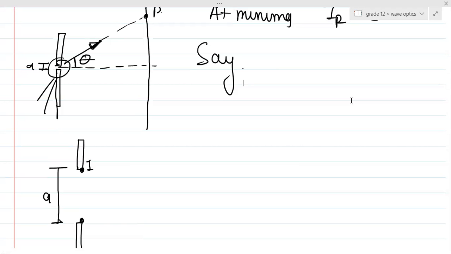Let me check the derivation which is given in your school notebook, right? NCERT wave optics. One second guys.